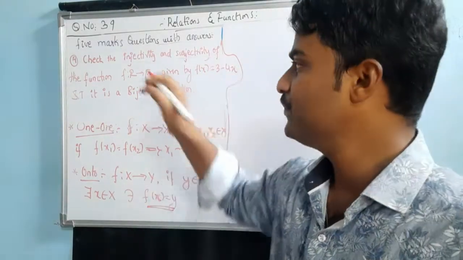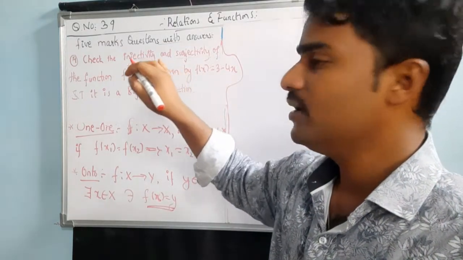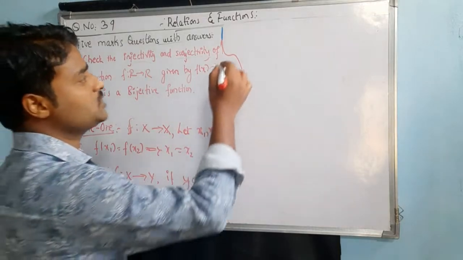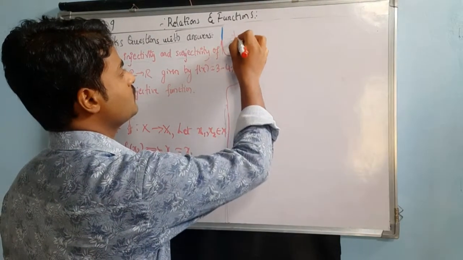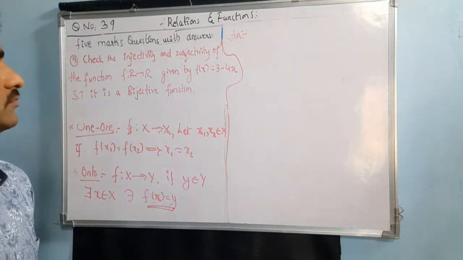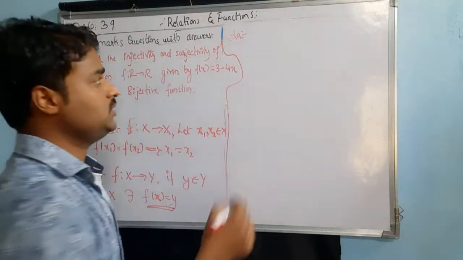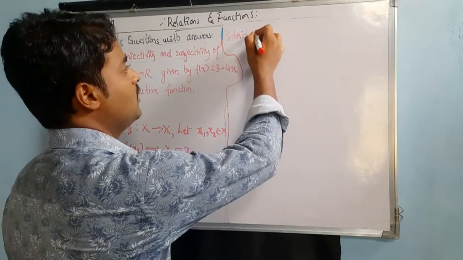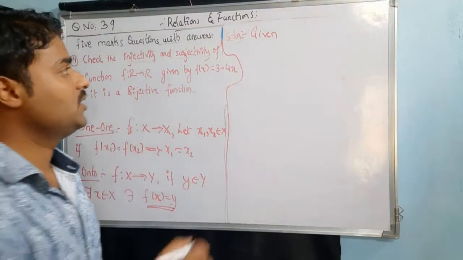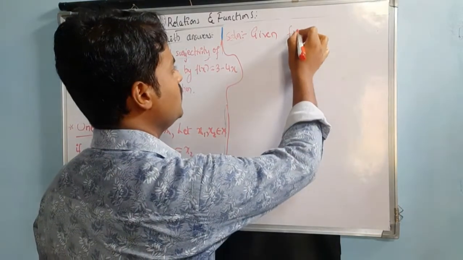ಸೊ ಲೆಟ್ ಅಸ್ ವೆರಿಫೈ ವೆದರ್ ದಿಸ್ ಗಿವನ್ ಫಂಕ್ಷನ್ ಈಸ್ 1 1 and on 2 ಆಗುತ್ತಲ್ಲ, ಚೆಕ್ ಮಾಡೋಣ. ಓಕೆ, ಸೊ ಫಸ್ಟ್ ಒನ್, solution. You see here, so what is given? Always given f from r to r.